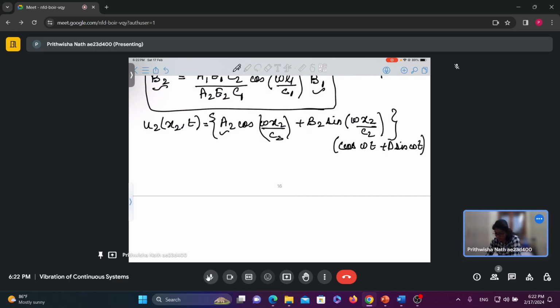Now I know what A2 is. I'll write the expression for A2. A2 is B1 sin(omega L1 by C1), and B1 is, I know B2 in terms of B1.